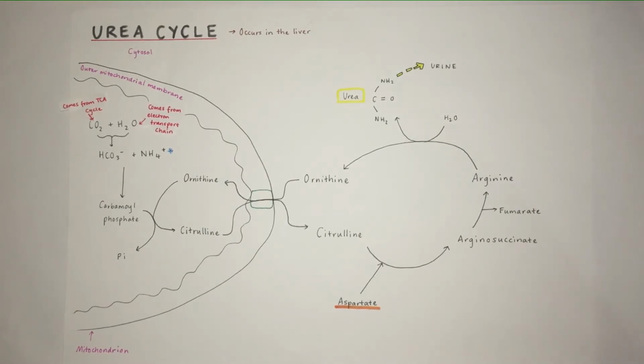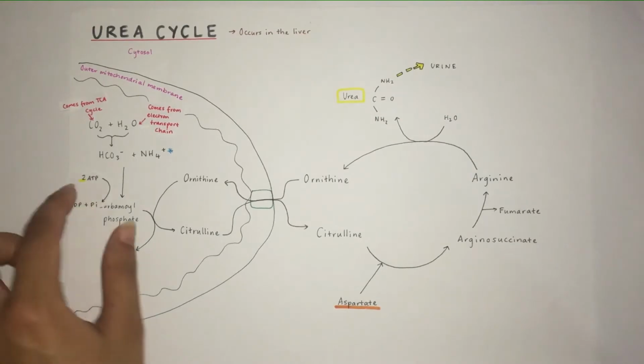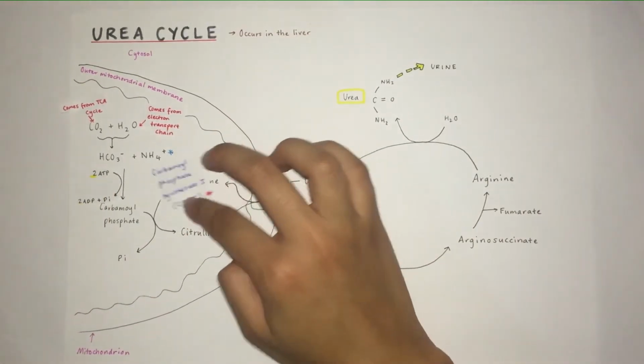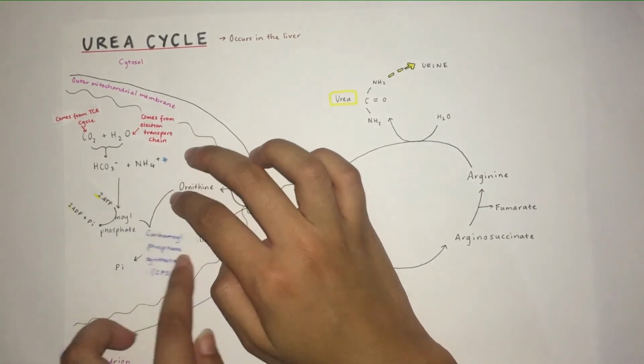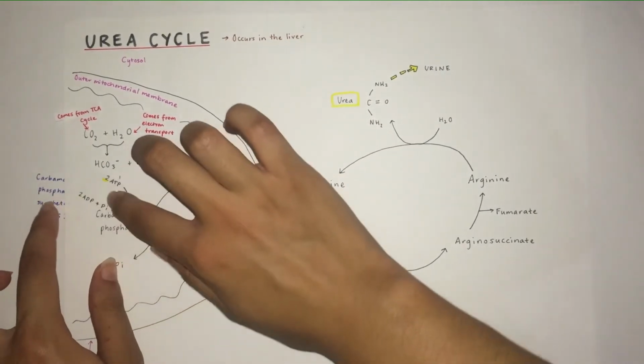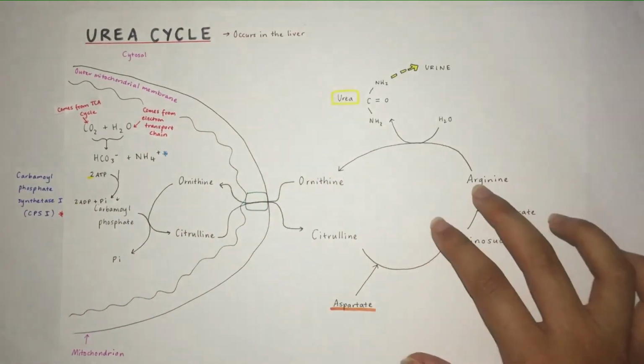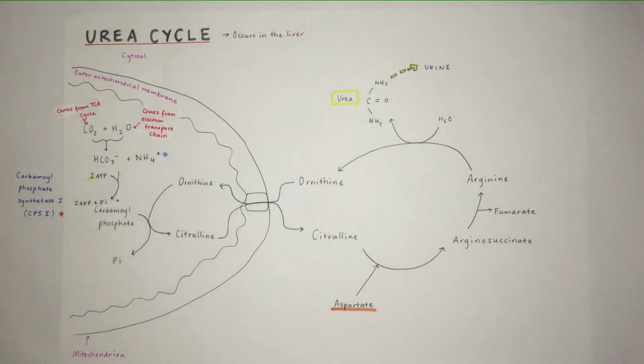This plus NH4, which is ammonium, can become carbamoyl phosphate in the following reaction, where 2 ATPs become 2 ADPs plus a phosphate. And the enzyme used here is carbamoyl phosphate synthetase 1.